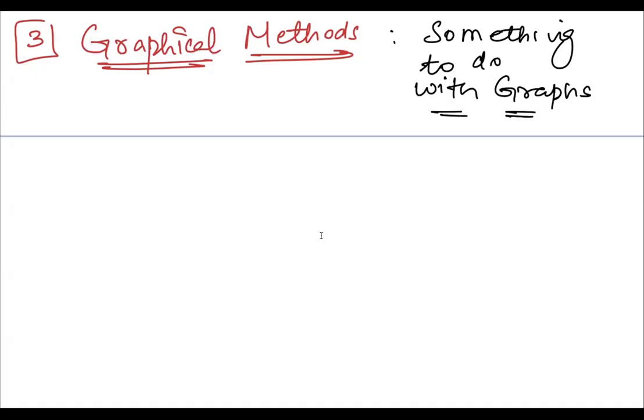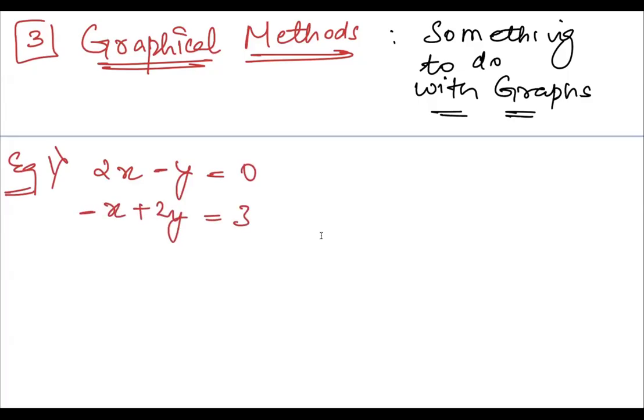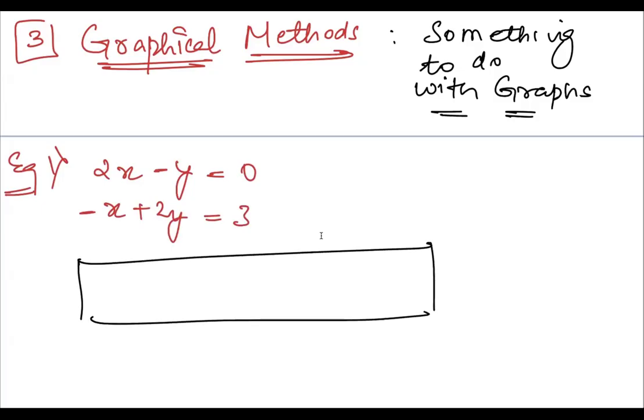Let's take the same example: 2x minus y is equal to 0, and minus x plus 2y is equal to 3. What I will do is create a table of x and y.